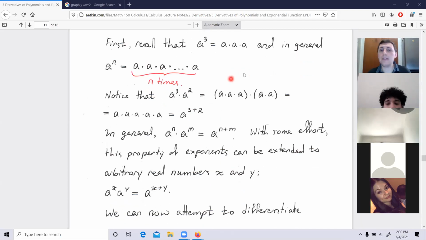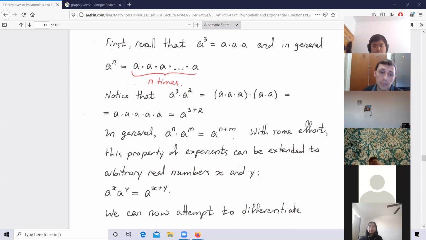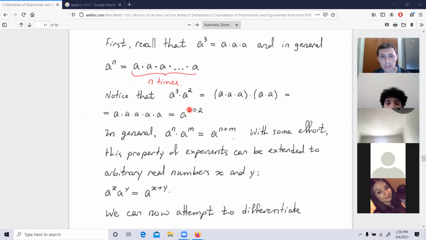Now, we have this addition rule for powers, which you can begin noticing this way. If I have a to the 3 times a to the 2, it means that first I multiply a by itself 3 times and then multiply the result by a multiplied by itself twice. Altogether there are 5 multiplications of a, and that's why it's 3 plus 2.